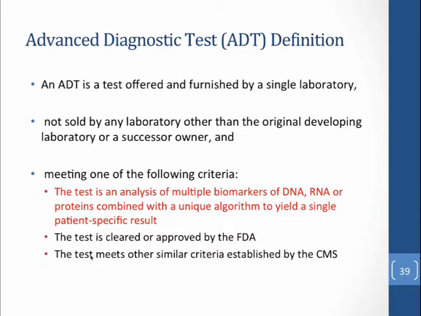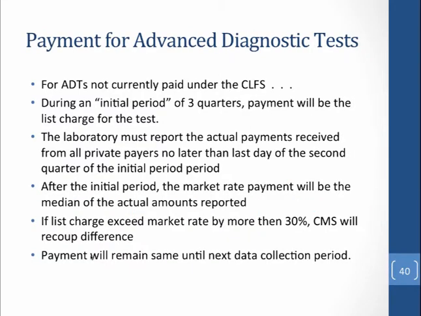The reason that these are important, though, as a separate type of test is how they will be paid for. As soon as you go to market with that test, for the initial period of 3 quarters, they will pay your list charge for the test.